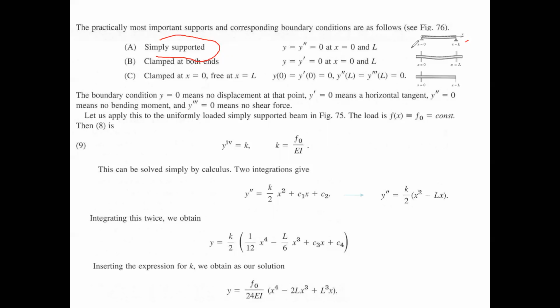So in our case, the simply supported beam will have the initial value condition of y equal to y double accent equal to 0 at the beginning over here, and also at x equal to L. If you clamp on both sides, then y equal to y accent equal to 0 at 0 and at x equal to L. If you clamp at x equal to 0 and leave it free at the other end, this is also called the cantilever.